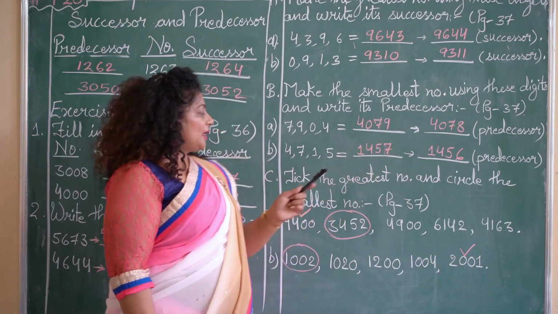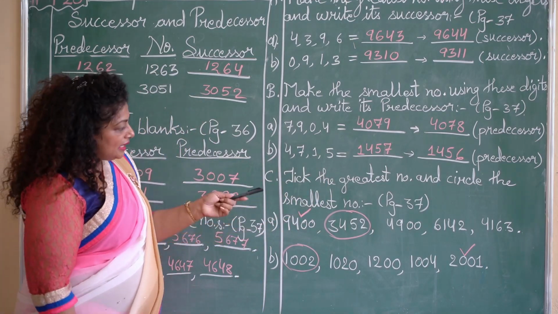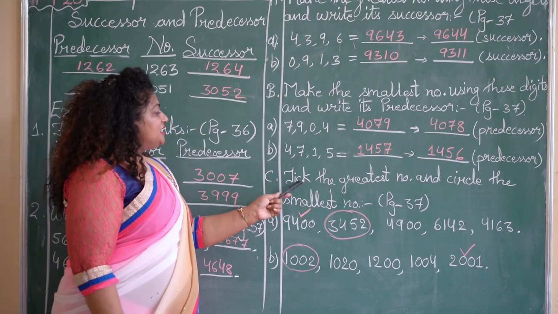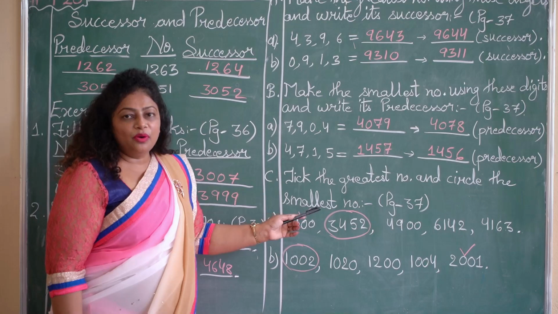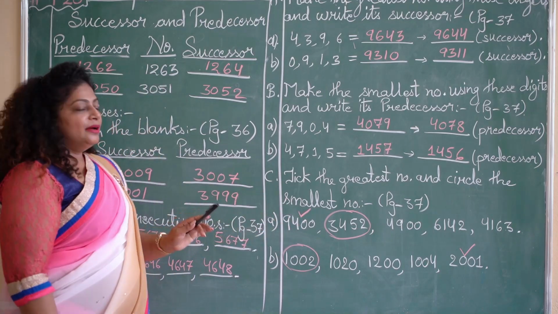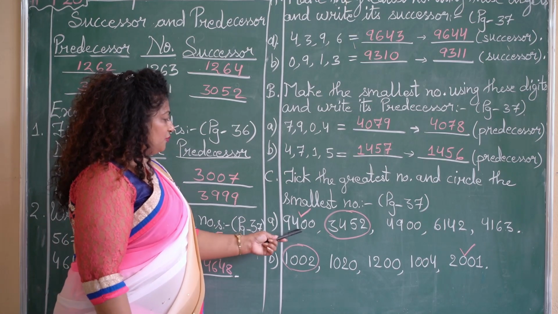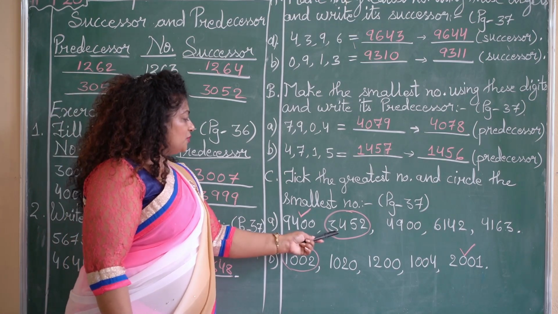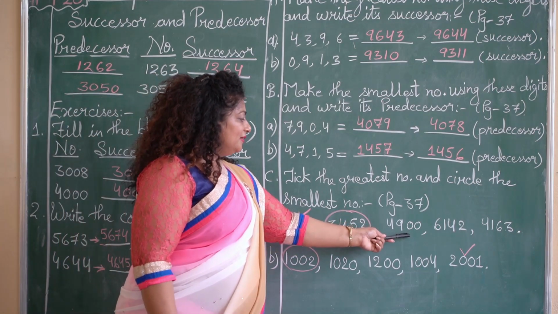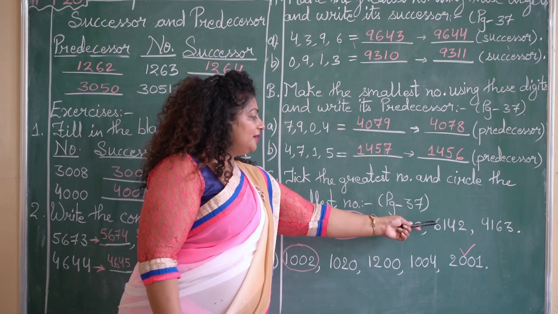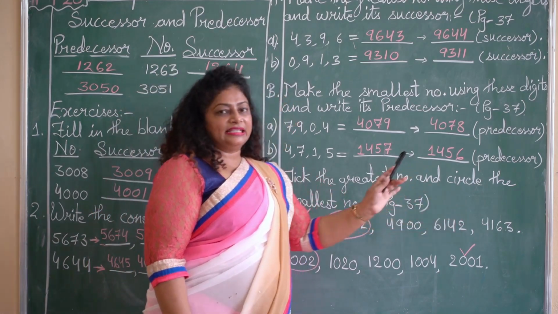Now children, let's come to the other exercise of the same page, that is tick the greatest number and circle the smallest number. Okay. The numbers given to you are 9400, 3452, 4900, 6142, and lastly 4163.